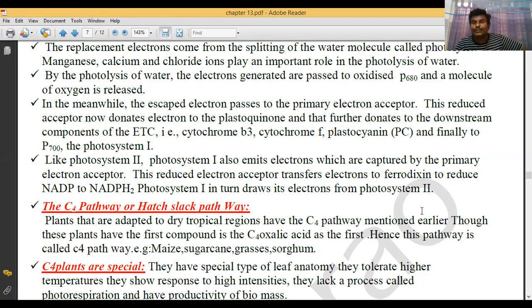In the textbook, they did not maintain proper sequence. According to the textbook, here they have given the chemiosmotic hypothesis, 11.6.3. The chemiosmotic hypothesis is a part of the light reaction only.